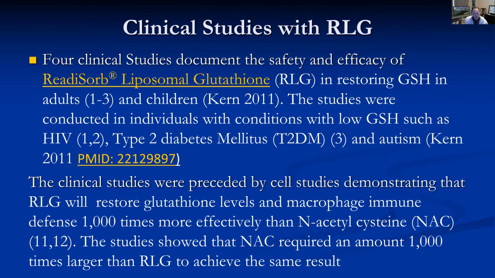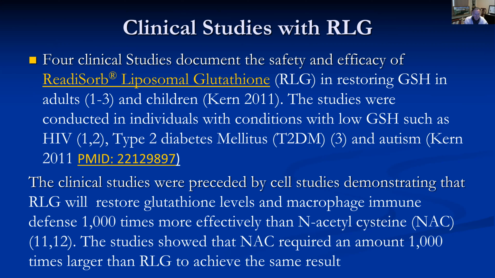We now have 4 clinical studies showing that liposomal glutathione can restore the level of glutathione in both serum and inside cells. And these studies were conducted in individuals that had chronic low glutathione, such as HIV, which is, as you know, a virus, and also in type 2 diabetes, which is a metabolic disease, which is quite prominent.